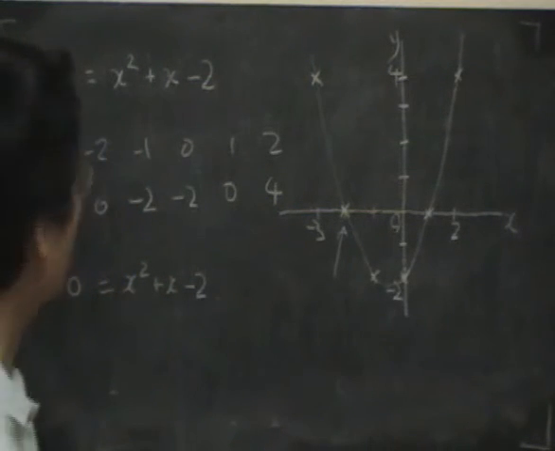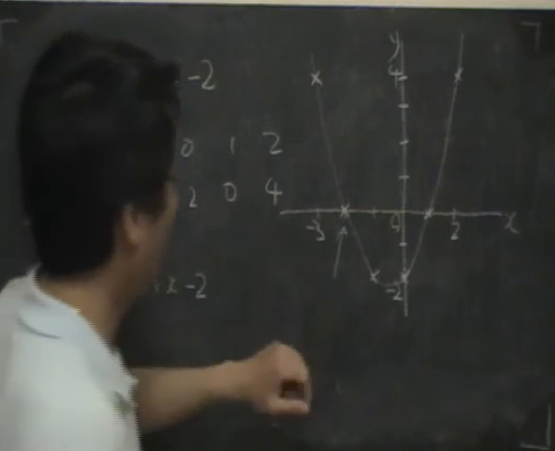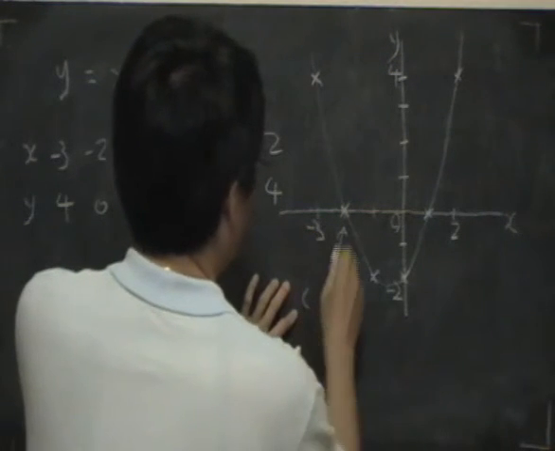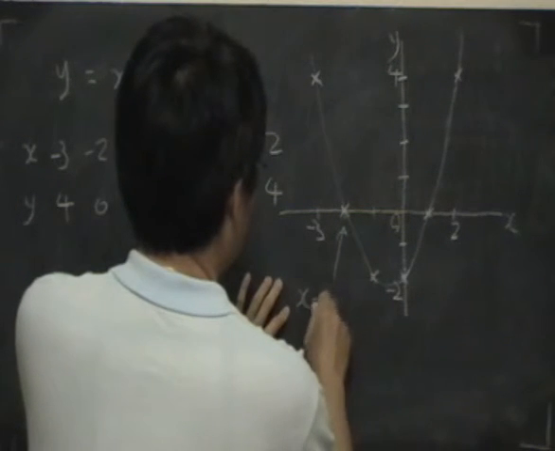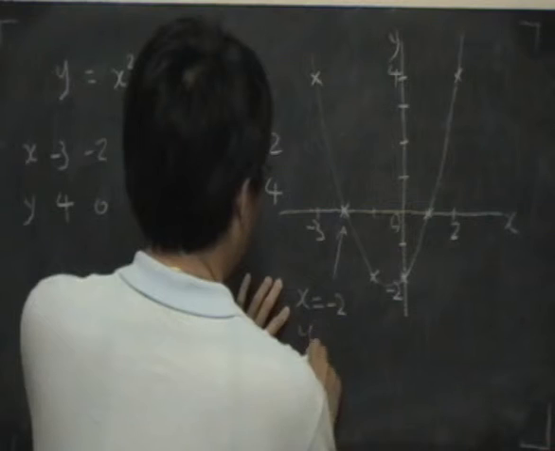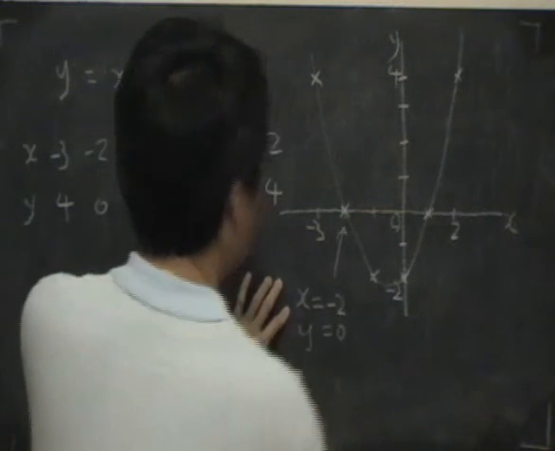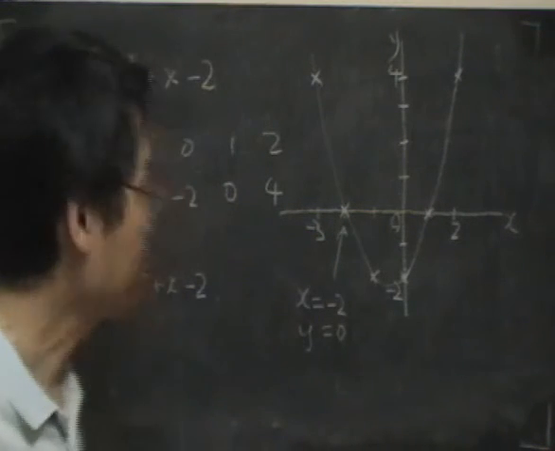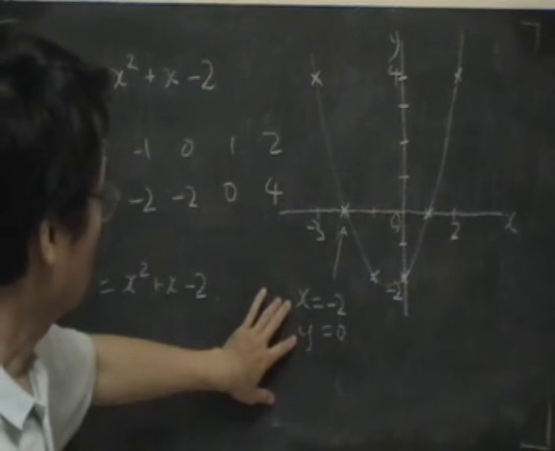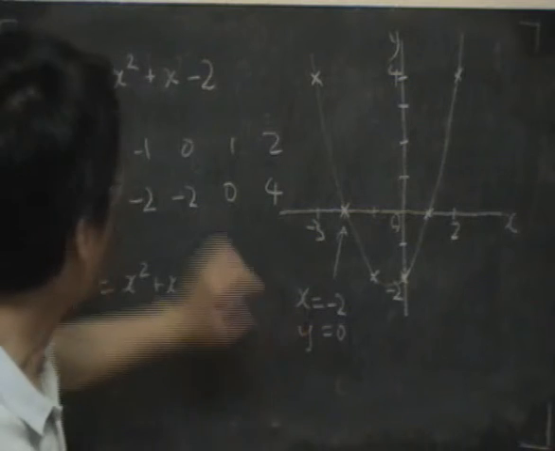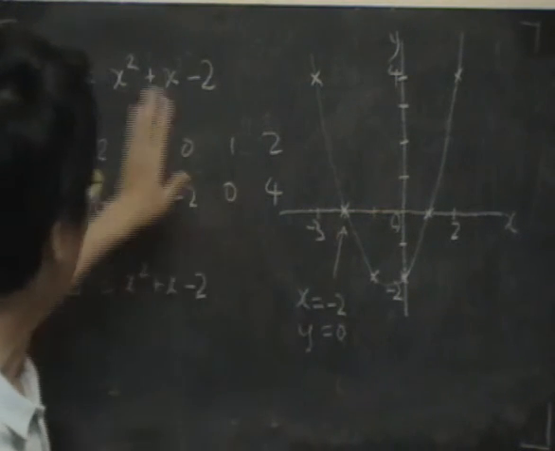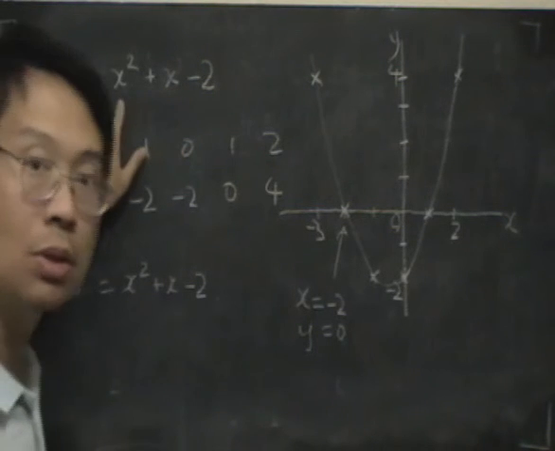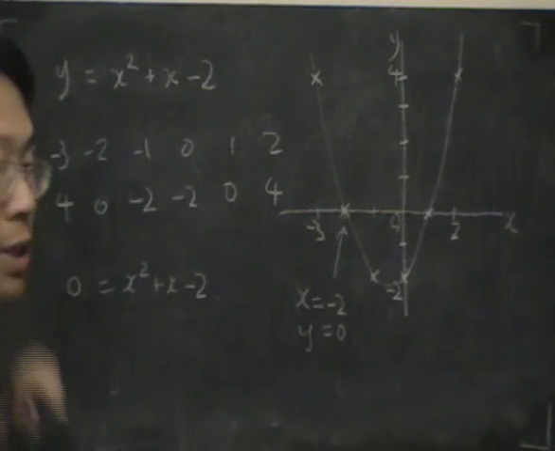Why is that? Because we know that at this point, when x is -2, y is 0. That's what this point is about, right? And I know that this point comes from this equation. It's just saying that when x is -2 in that equation, y is 0.